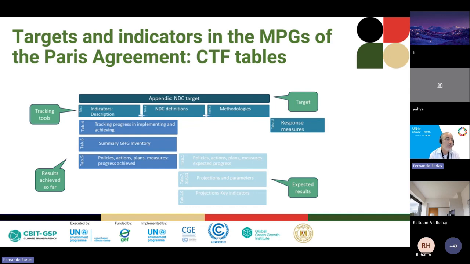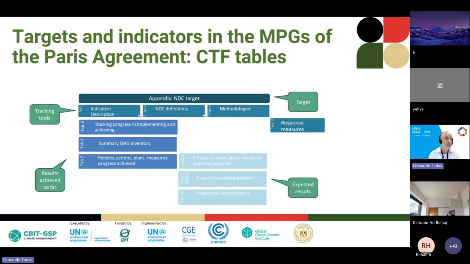The good thing about the BTR is that there is, I would say, rather clear information on how to report and what the elements are that are needed, for instance indicators, projections, or identification of policies and measures, and a number of tools or instruments, which are the common tabular format tables, the CTF tables, the common reporting tables, that all need to be completed by the countries as part of the BTR submission.